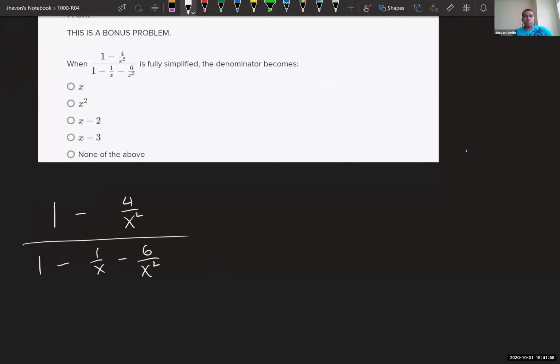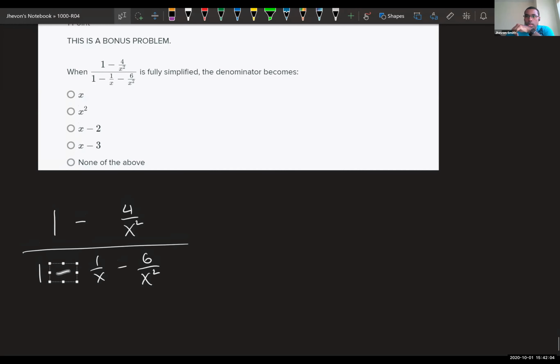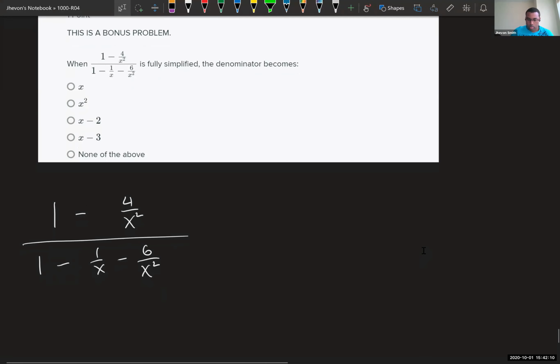I converted the 1 to be x squared divided by x squared. Okay, and then what? And the 1 in the denominator, I did the same thing. And I multiplied 1 over x by x for it to have the same denominator as everything else.